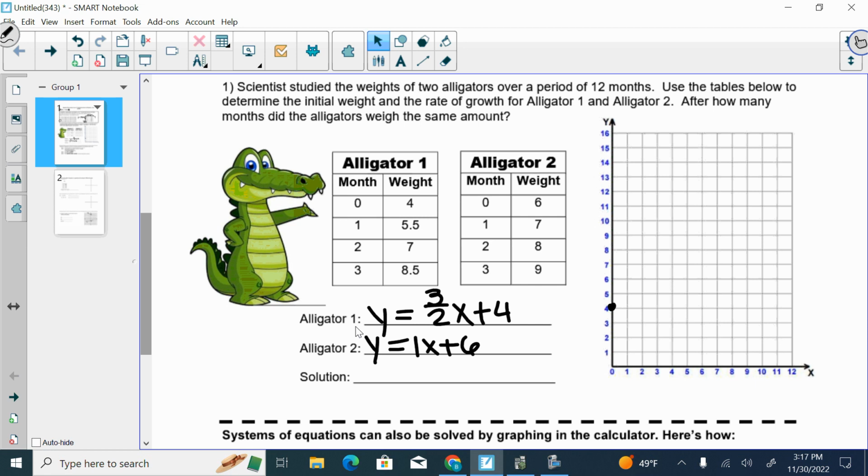Good. Here is alligator 1. All right, for alligator 2, where are we going to start our graph at? Good. And that slope tells us to move where? Good.